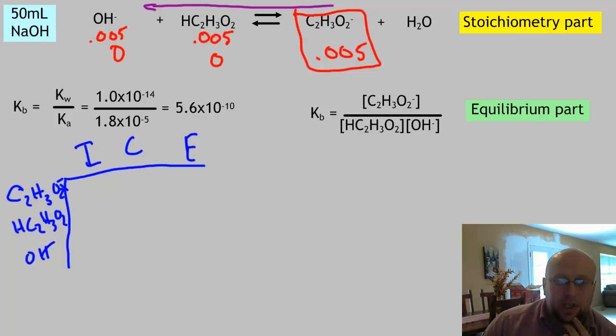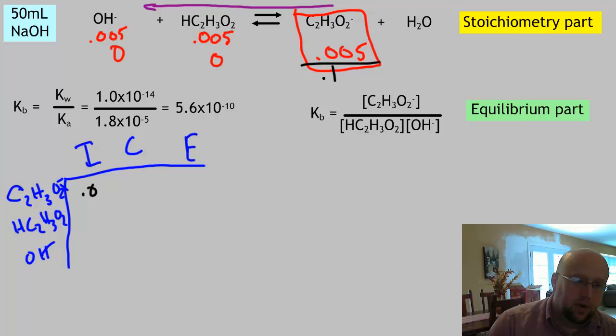Now, one thing that we forgot to do that we did in the last one is that we've got to convert these things back to molarity before we can do the equilibrium part. So 50 milliliters plus 50 milliliters now means that I'm dividing by 0.1, right? And so now I'm going to get my molarity value of 0.05 instead of 0.005.